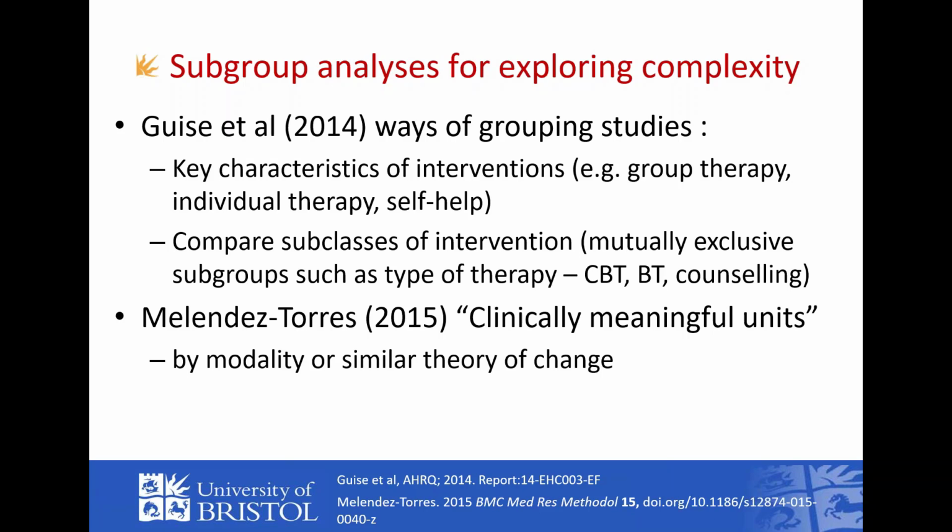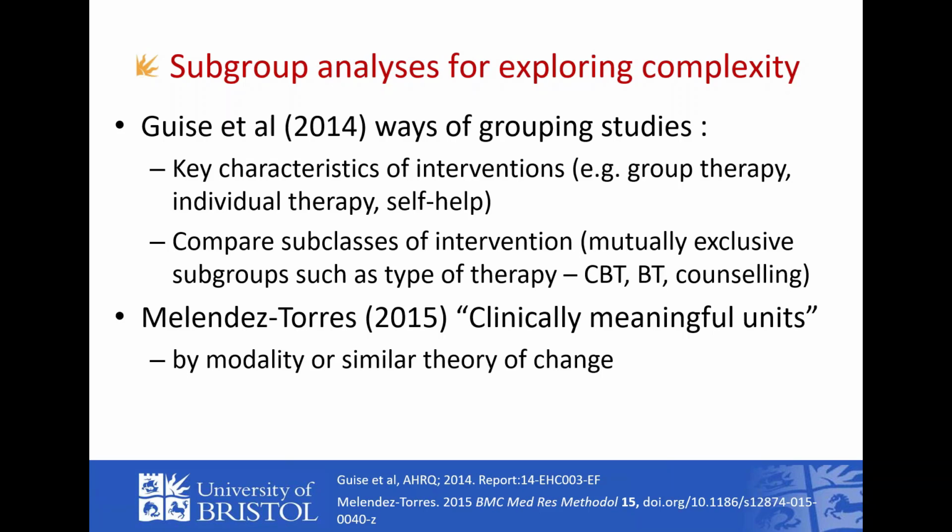Essentially, as identified here by Guy et al. and Melendez-Torres et al., we're looking for a key characteristic of an intervention, and then using that to group them together in analysis. For example, in psychological interventions, a key characteristic might be how the intervention was delivered. Was it delivered as a group psychological intervention, individual, self-help, as examples?